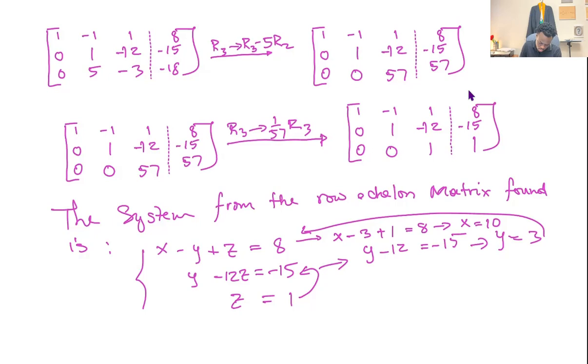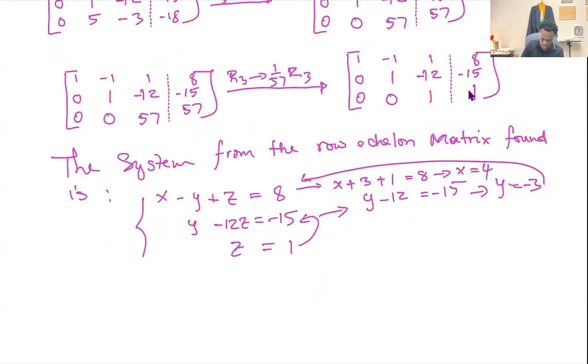I got z equals 1, y equals negative 3. Obviously, yes, y equals negative 3. So that's plus here. All right, and then so that is x equals 4. And the solution is x equals 4, y equals negative 3, and z equals 1.